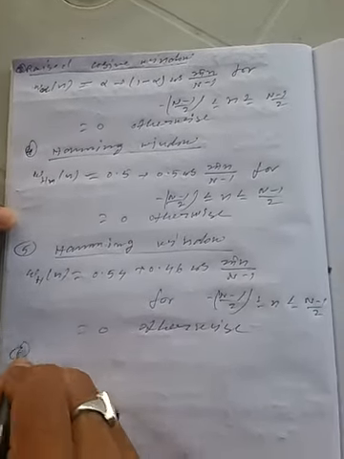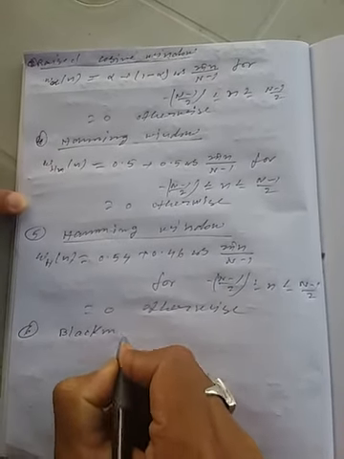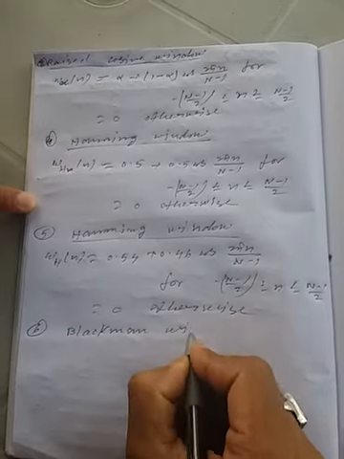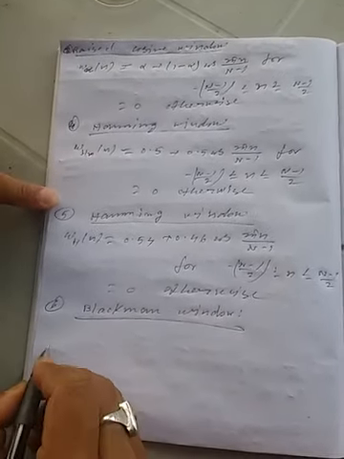Number 6 is the Blackman window. What is the mathematical expression of the Blackman window?